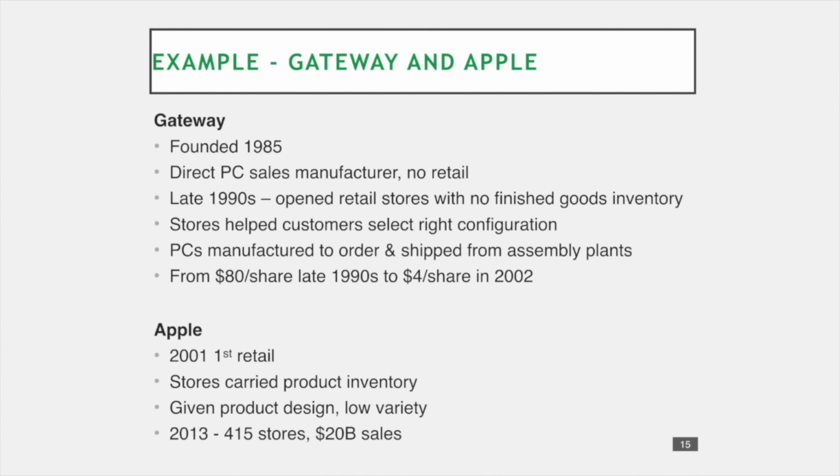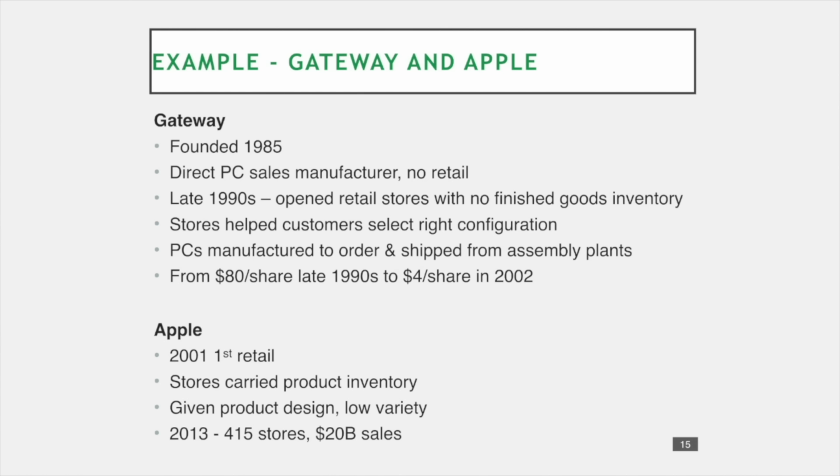As compared to that, some other customer may need a computer that can help with video editing, and these store people will help a customer go for the right configuration based on their requirements. And once it is known, the PCs will be manufactured with that specific configuration based on the order, and then they will be shipped directly from assembly plants.